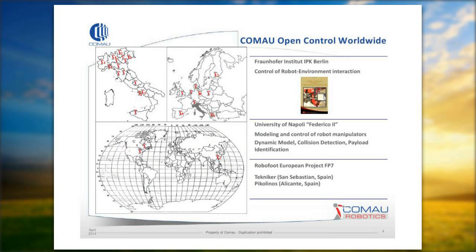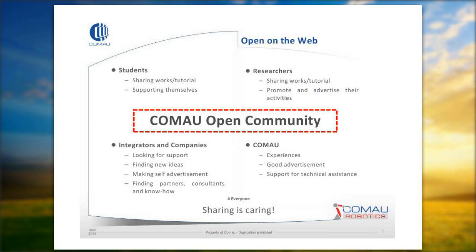Here we have a very strong past in the open control, as you can see from this picture. We have a lot of systems in Italy, we have also a lot of systems in Europe, and some out there in the rest of the world, with also some dissemination with the University of Napoli and through other European projects where we used and showed the potentialities of the C4G Open.